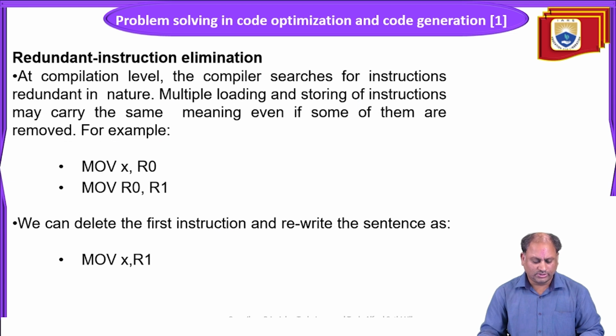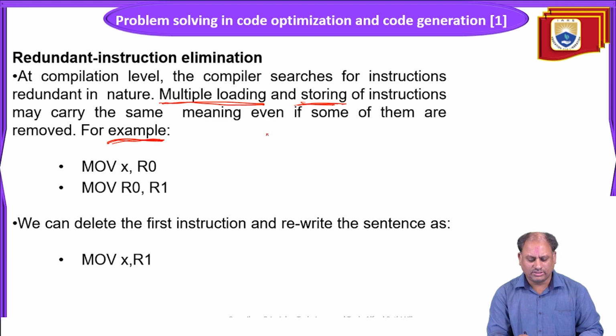Another important property, another example, is here. At compilation level, the compiler searches for redundant instructions, that means several times loading and storing of the information which carry the same meaning.